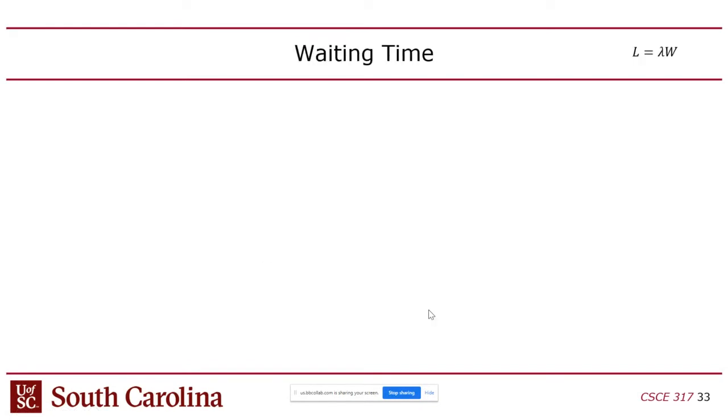Okay, and then finally, the last step is the waiting time. As I alluded to earlier, once you have L and you already have lambda, you just apply Little's law and you get the waiting time. This is pretty simple.